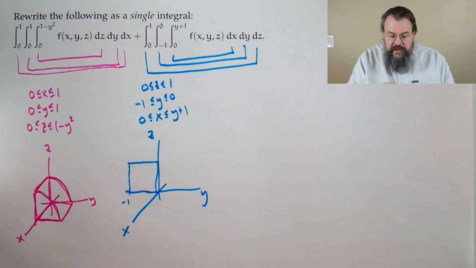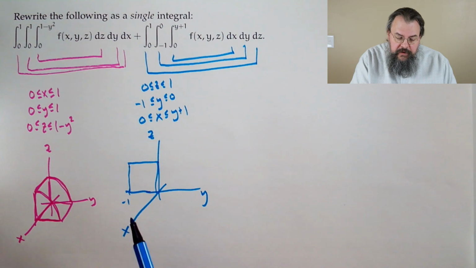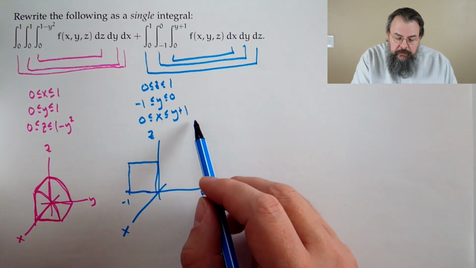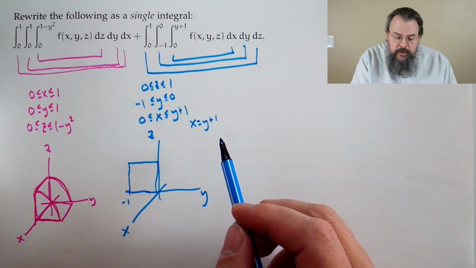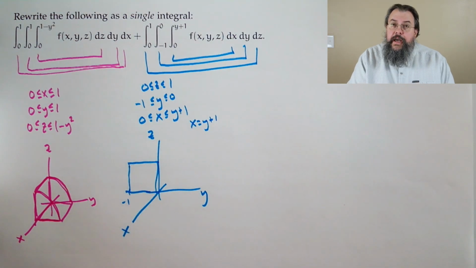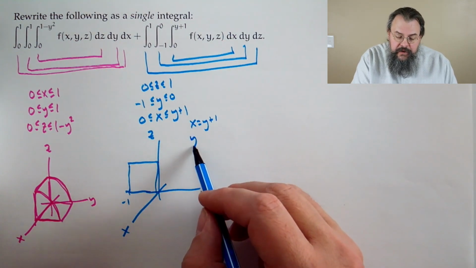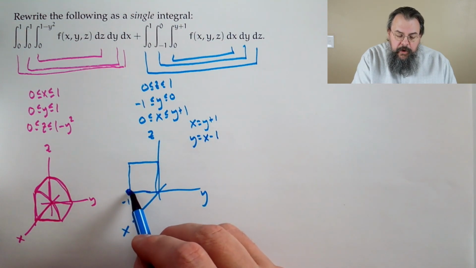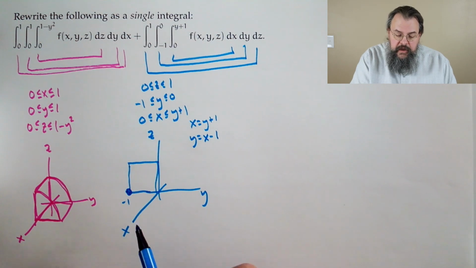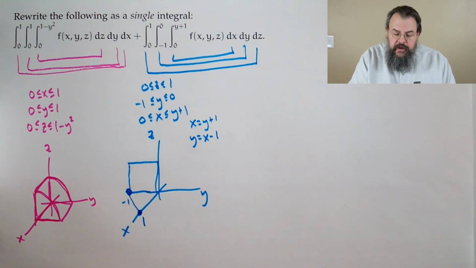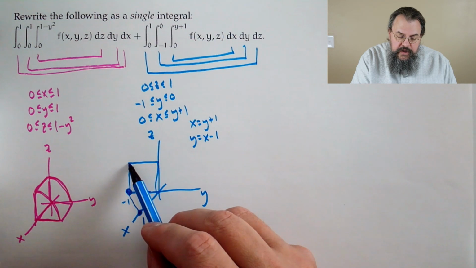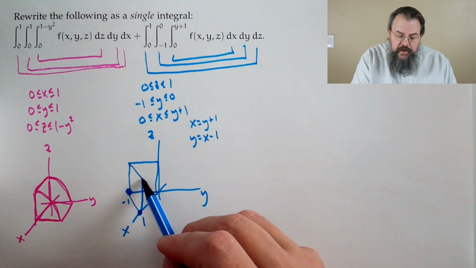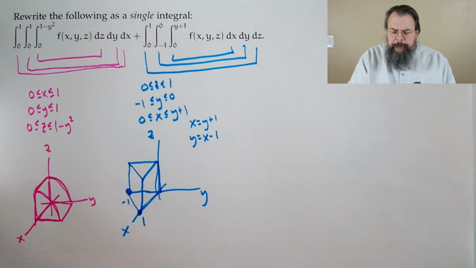If I look at the curve x equals y plus 1, if we think about it in terms of the xy plane, that naturally says y equals x minus 1. So it would have a y-intercept at negative 1. And when y equals 0, it would hit there at 1. So what we're seeing is a little shape like that.